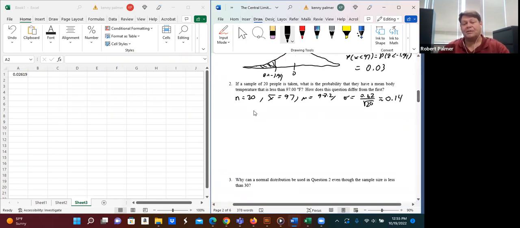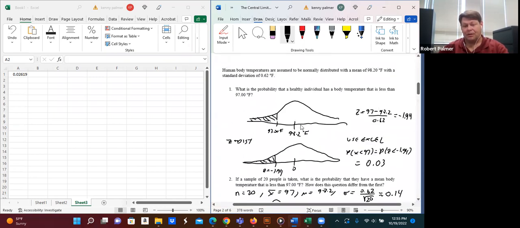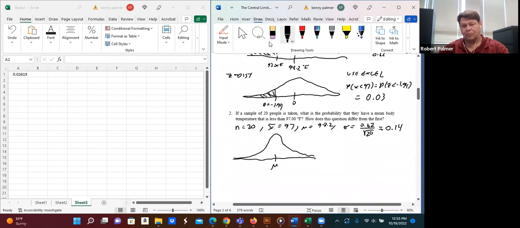So what we're thinking about now is a sampling distribution. The original distribution, I'll draw a bit smaller this time, is a sampling distribution. So it's going to be narrower than the original distribution, although our mean is going to be the same as the one from our first example, 98.2.